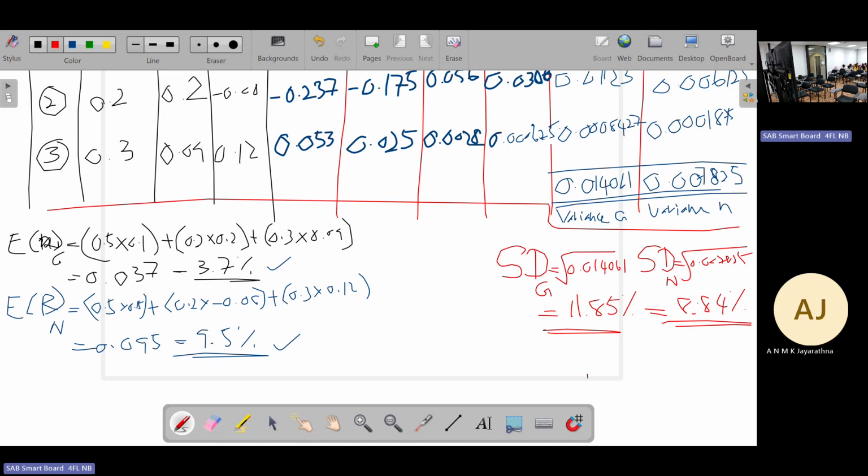It's minus 1, right? So they are minus 0.27. We are calculating for covariance.